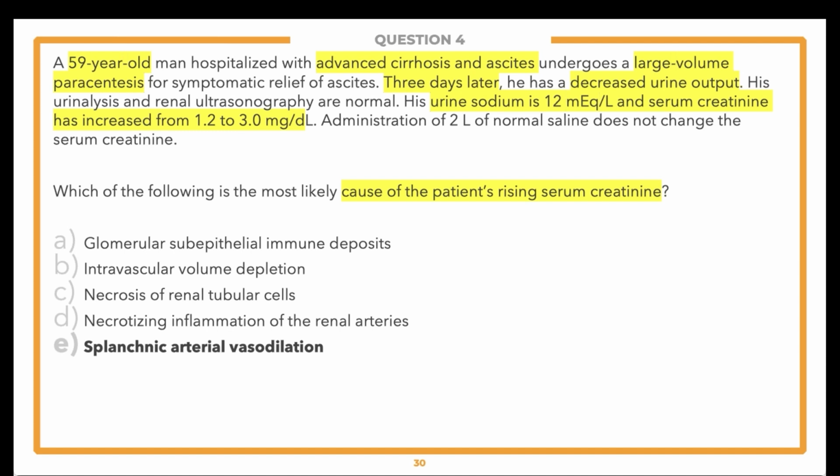Although there is probably some level of volume depletion, the problem is splanchnic arterial vasodilation. Cirrhosis leads to splanchnic arterial vasodilation, which is hepatorenal syndrome, and leads to kidney injury. This is not going to lead to ATN, so my sodium is still going to be low in the urine, but I'm going to get this rapid onset kidney injury.